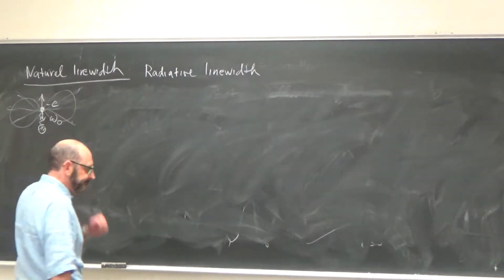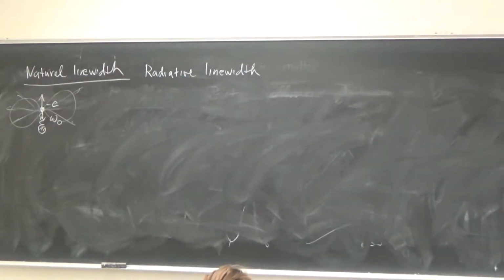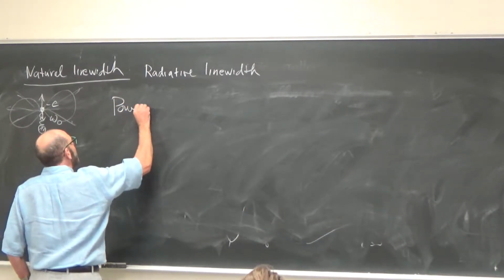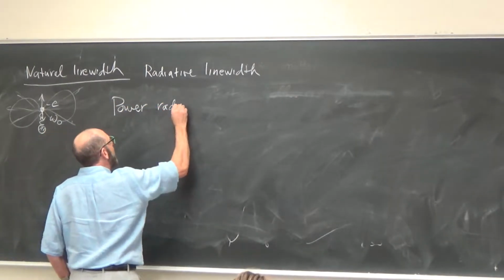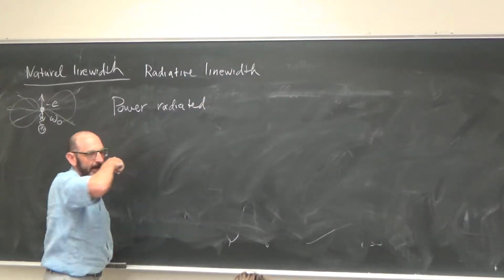Question. What is the rate at which such an oscillating charge radiates power? Radiates energy? So the power radiated, that is the amount of energy per unit time that is radiated by such an oscillating charge.